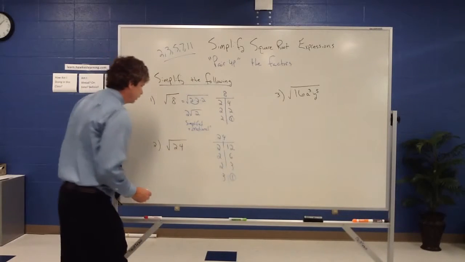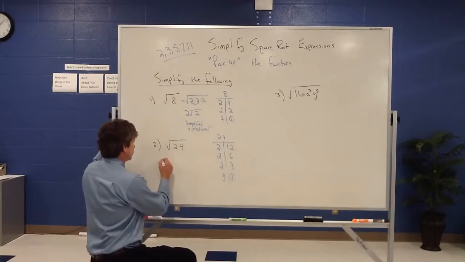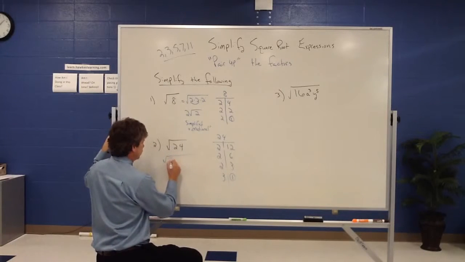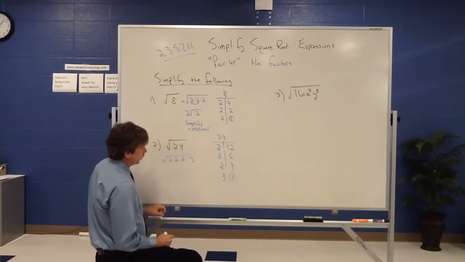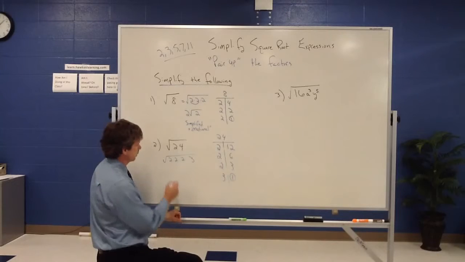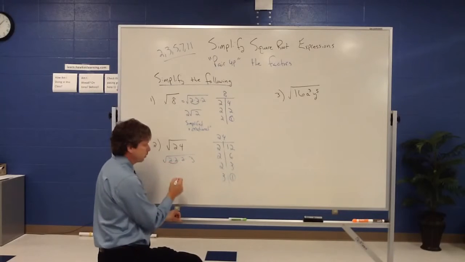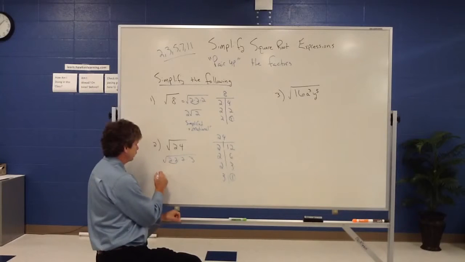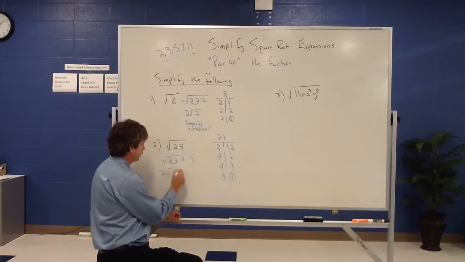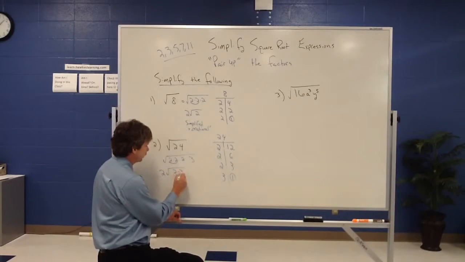So we can rewrite this as the square root of 2 times 2 times 2 times 3. What we're trying to do is look for pairs, and for every pair, I can bring out that factor one time. Since I have that pair of 2's, a 2 comes out, and we're left with 2 times 3 inside here.